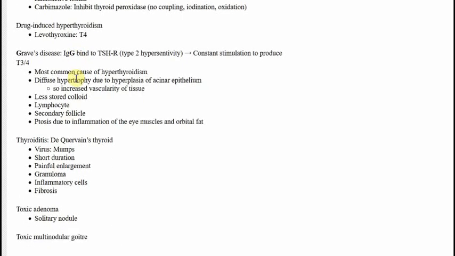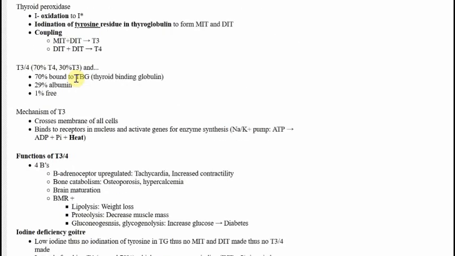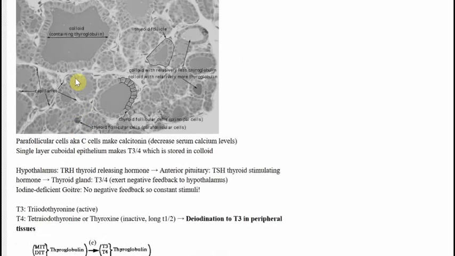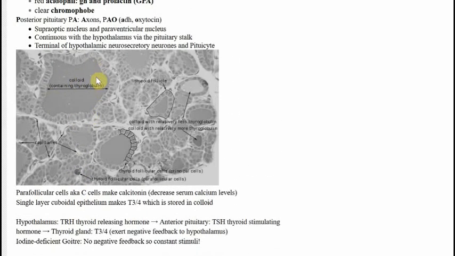The second most common cause of an overactive thyroid gland is toxic multinodular goiter, where you've got an excess of, if you imagine the cell type, large colloids, multiple nodules of these, so that's a multinodular goiter.